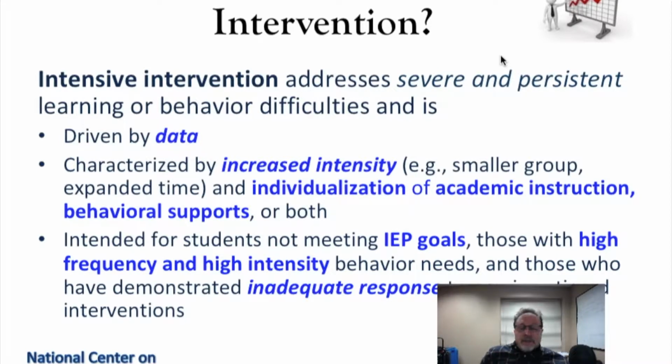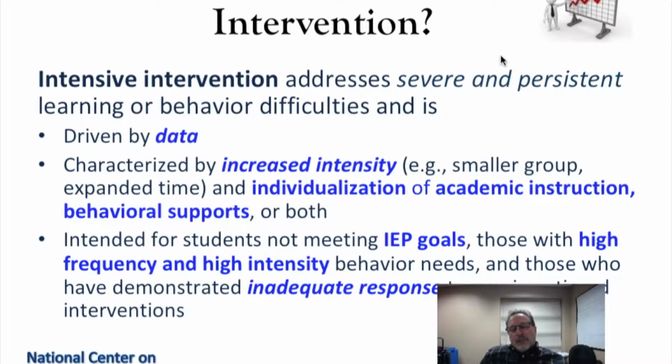So it's intended for students that are not meeting their IEP goals. So these may be students that have already been identified as eligible for special education services, but are struggling to make progress. And those with high frequency and high intensity behavior needs, and those that have demonstrated inadequate response to previous tiered interventions. And that's a really key part of this definition.